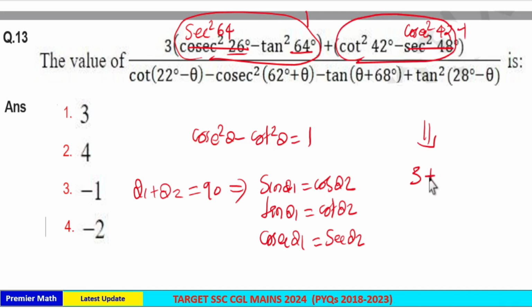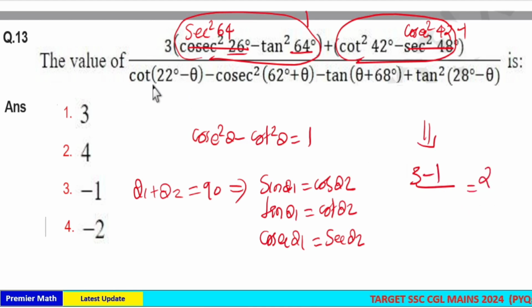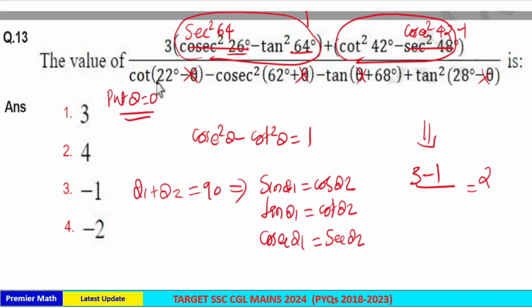So you have 3 minus 1 in the numerator, which is 2. And here there is no definition for theta given. So put the value of theta as 0 here. Then all the thetas will cancel. Now cot 22, I can write it as tan 68. Now plus tan 68 and minus tan 68 cancel.